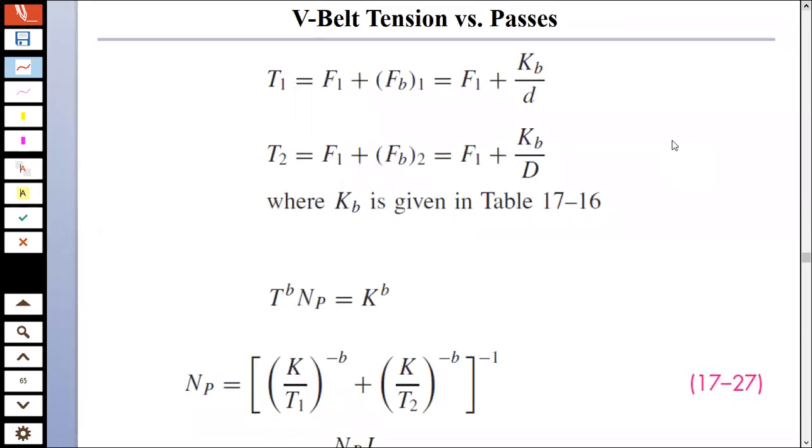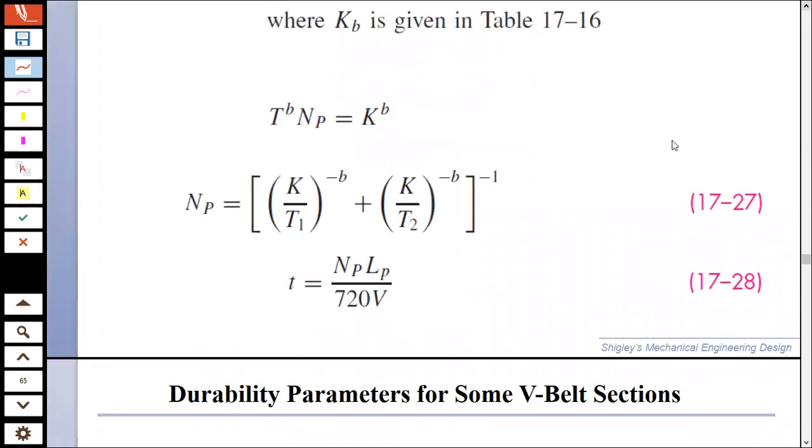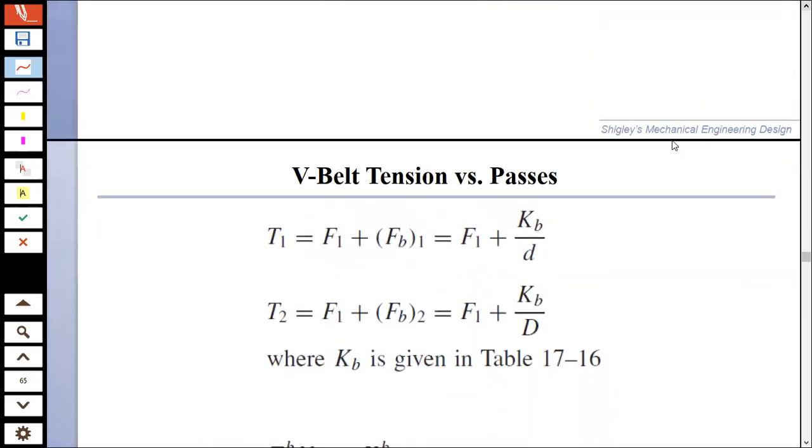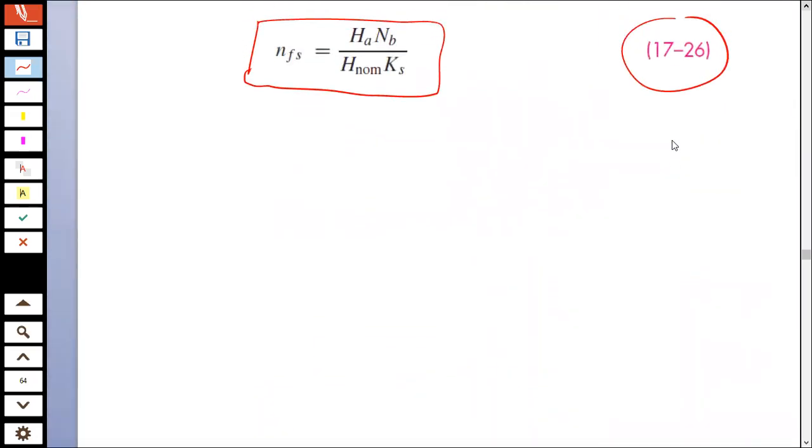You can also measure the life of a belt. Okay, you can measure the life of a belt in 2 ways. One is revolutions.